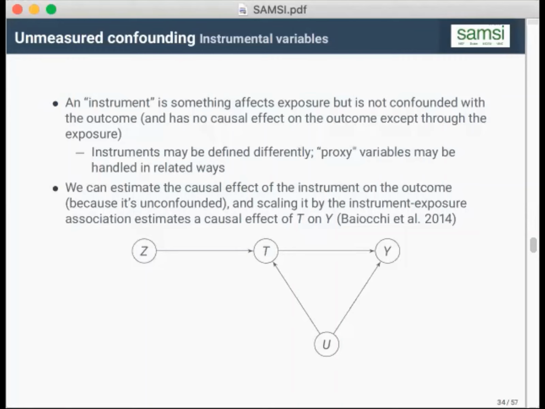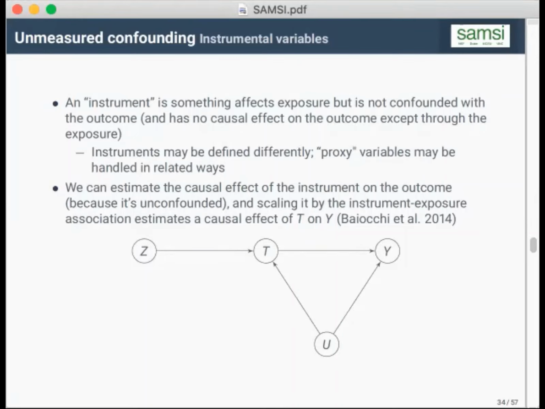The first technique we'll talk about is using an instrumental variable, or an instrument. In this context, an instrument is a variable that's associated with the treatment of interest, but is not confounded with the outcome and has no direct effect on the outcome. It only affects the outcome through the treatment.